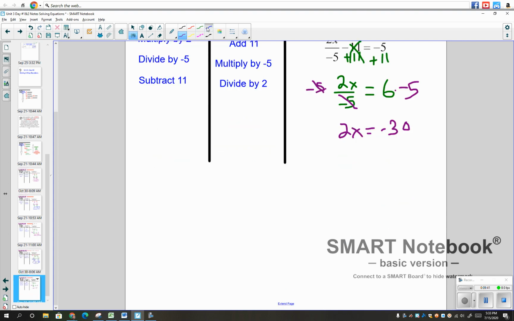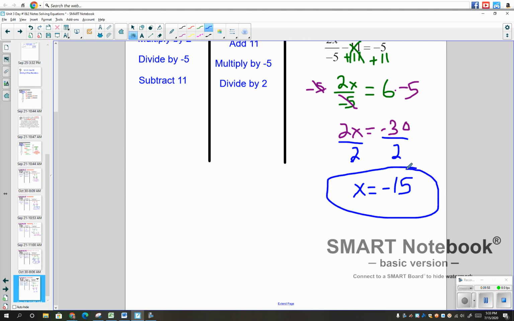How do I undo 2? Divide by 2. Negative 30 divided by 2 is negative 15. So my answer is x equals negative 15.